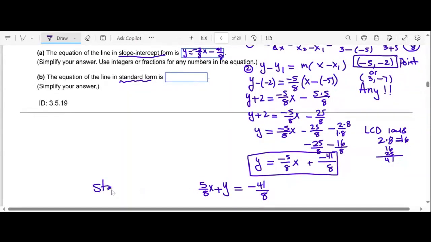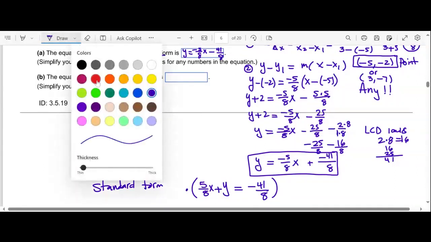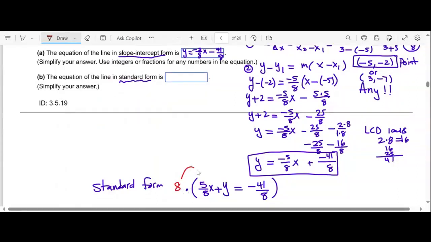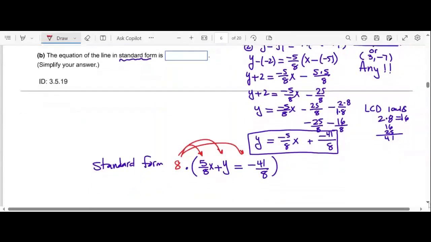This is called standard form. If you want to get rid of the 8, you can multiply all of this by 8. So you have to distribute it 3 times. Your final answer will be 5x plus 8y equals negative 41.